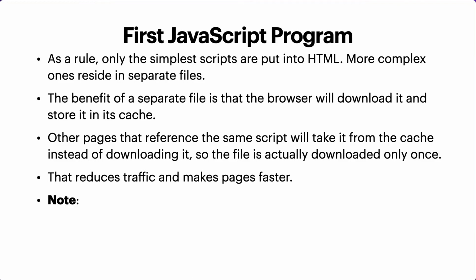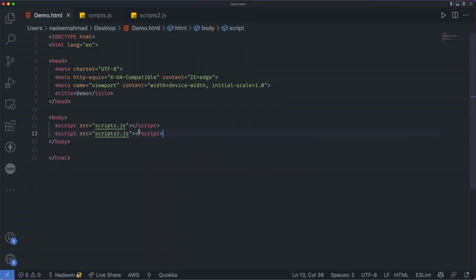Just make sure that if the source attribute is set, the script content is ignored. What it means is, for example, I have a script tag and I'm linking an external file in the script.